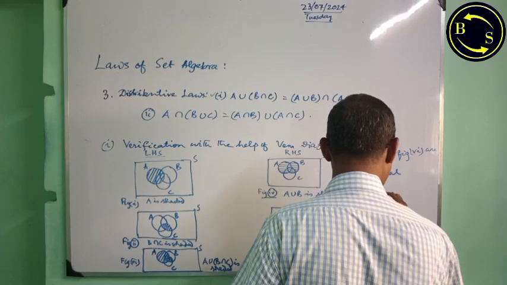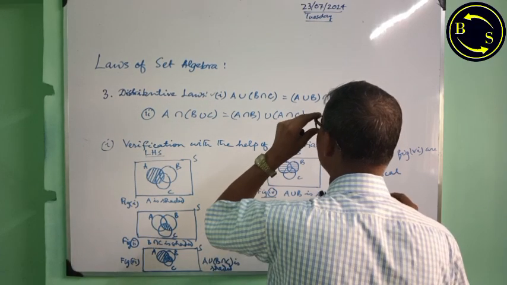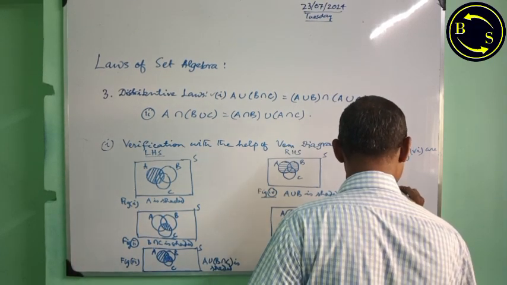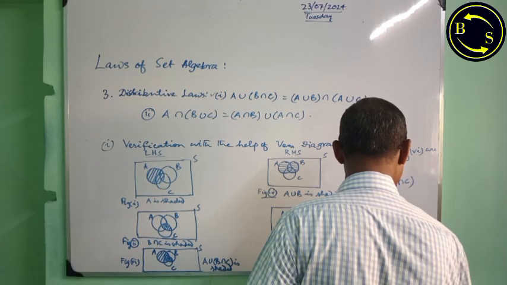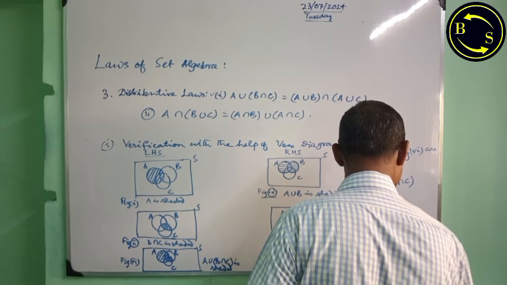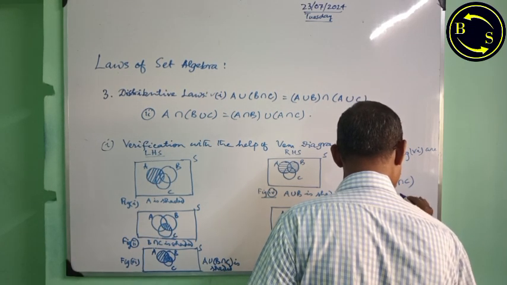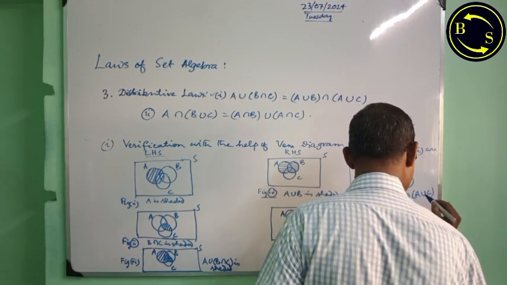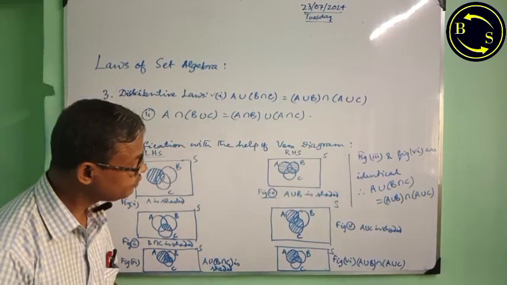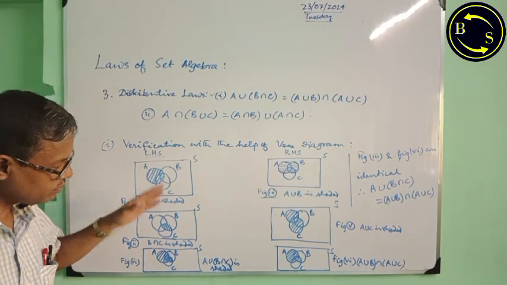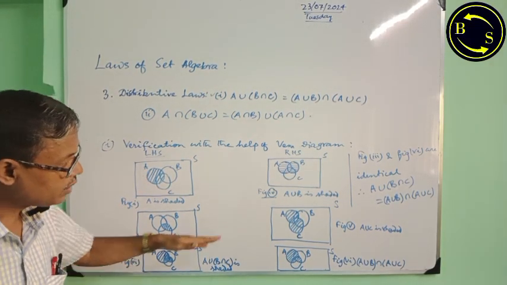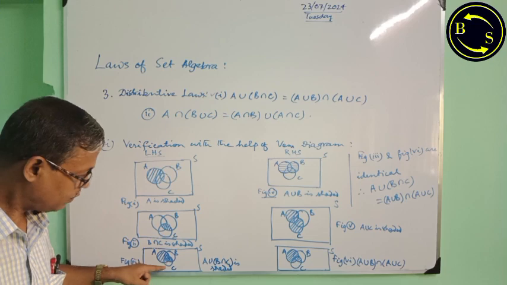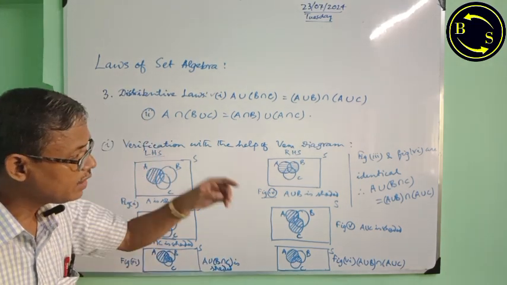Therefore, A union B intersection C is equal to A union B intersection A union C. Using Venn diagram, we have shown step by step. The final two diagrams are identical.